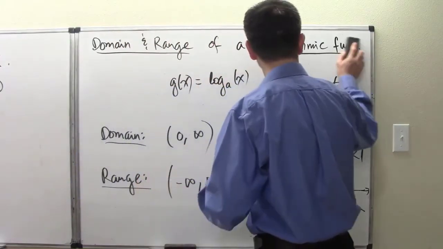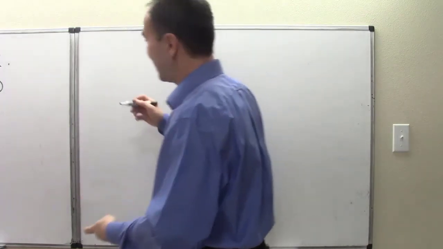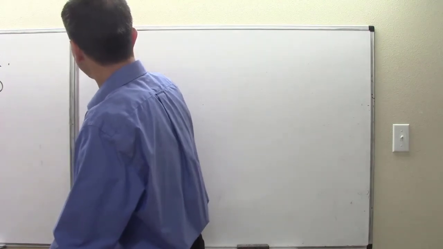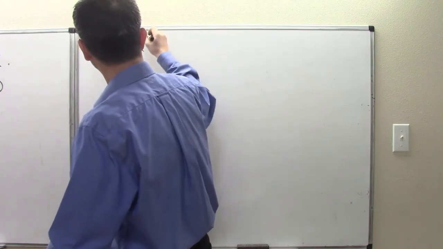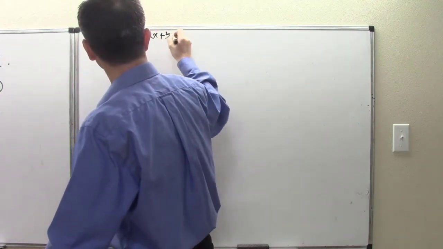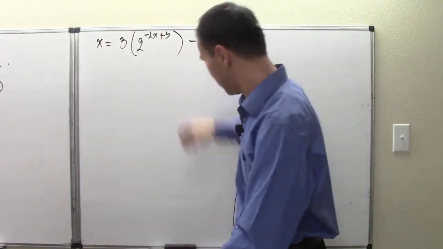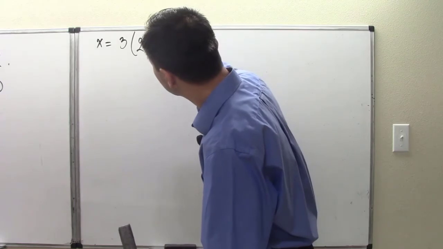And so now, our equation from step number 2 was x equals 3 times 2 to the minus 2y plus 3, and then minus 2. So now to solve for y, and indeed, this is y. Okay?